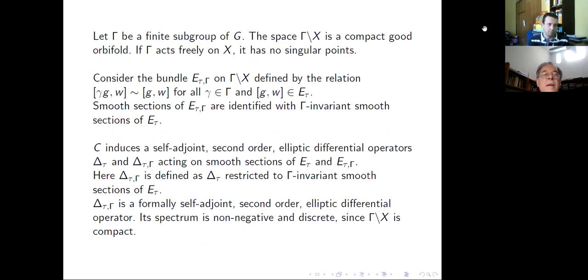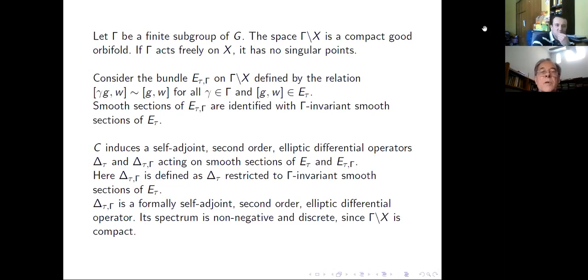Now we take gamma, a finite subgroup of G. G is compact, so gamma will be finite. So the space X mod gamma is a compact good orbifold. If gamma acts freely on X, then there will not be singular points.